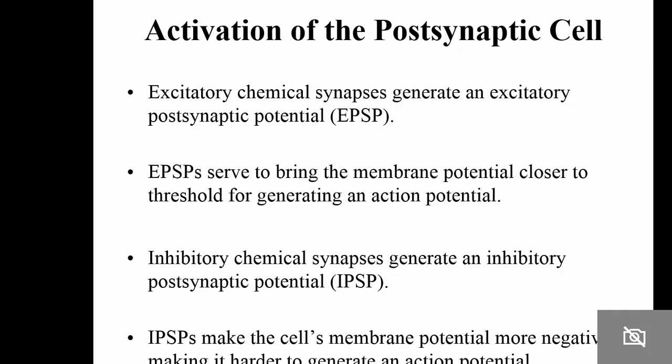Now, some neurons are called excitatory neurons. Some neurons are inhibitory neurons. For instance, the motor neurons that go from your spinal cord or your brainstem to your muscles are only excitatory. So they cannot be inhibitory, meaning that whatever they release has to be excitatory.